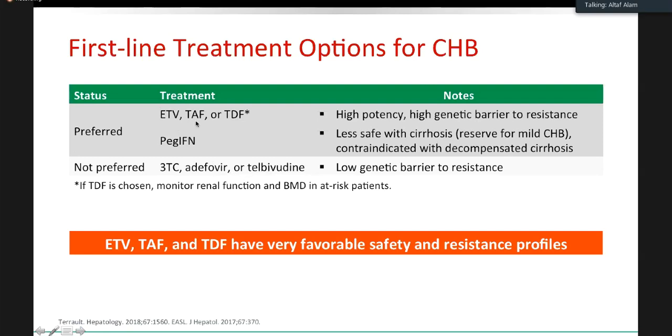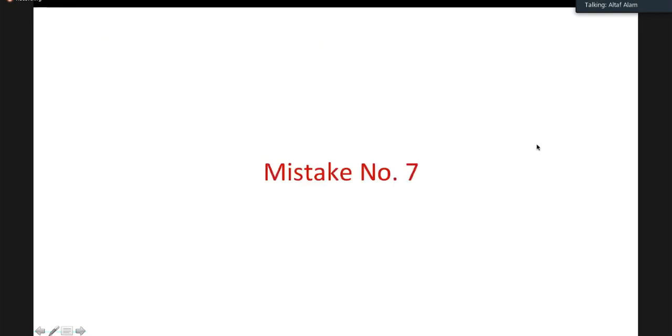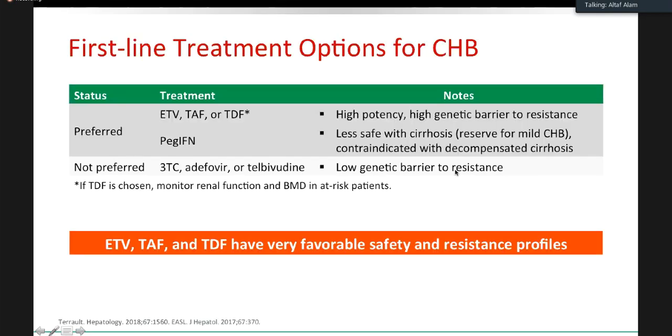Entecavir, tenofovir alafenamide, and tenofovir disoproxil fumarate are the oral nucleotide and nucleoside analogs which are currently recommended by all the guidelines for use in chronic hepatitis B. PEG interferon still continues to be used, but should be used carefully in compensated cirrhosis, and it is contraindicated in decompensated cirrhosis, as we know for a long time from our interferon era in hepatitis C.